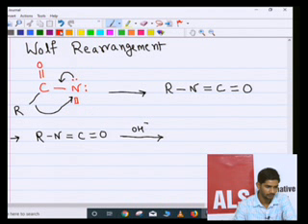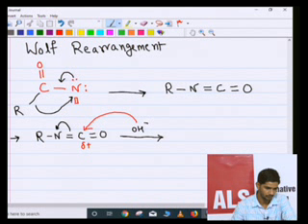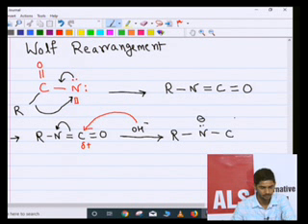We know that this is the electrophilic center. So OH minus will attack this carbon and this bond will shift over here. You will get R, N negative, C, double bond O, and then OH.